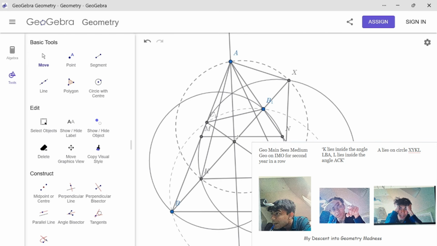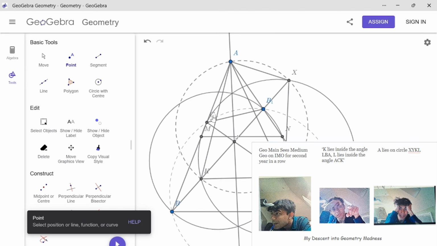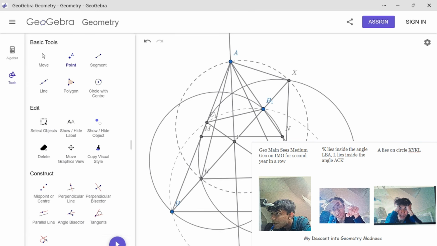Okay, wait, hold on. If B1 has equal power with respect to omega 2 and AKL, again, for this point B2, we had B2 as a midpoint.